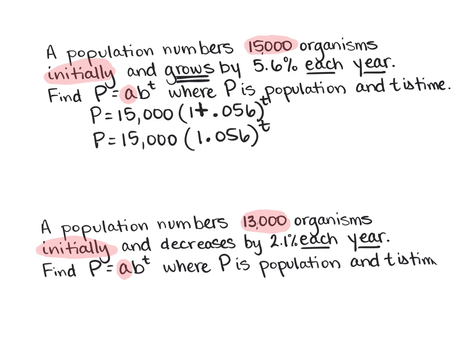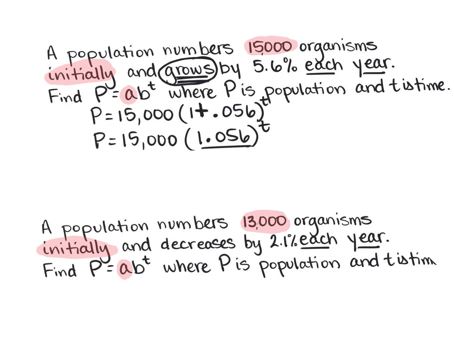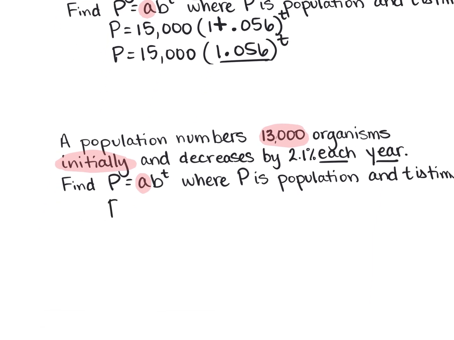Now, you need to recognize that this is bigger than 1 and it is growing. Those are 2 things that you need to make sure you connect in your mind. So for this one underneath it, we are again starting with P is equal to, so our initial this time is 13,000. And instead of a B, we are given a rate, and this time it decreases. So we have to subtract, and it's 2.1%, so that's 0.021.